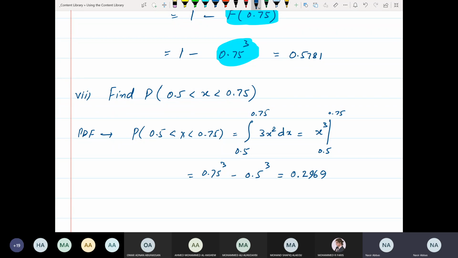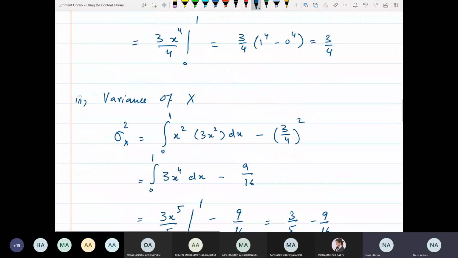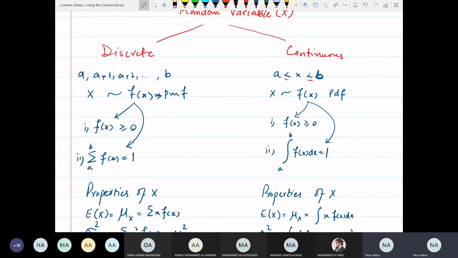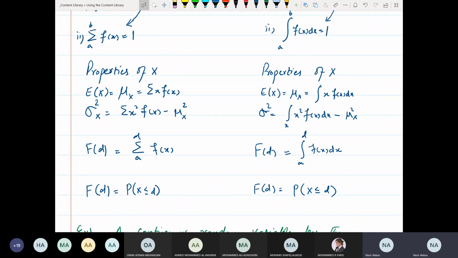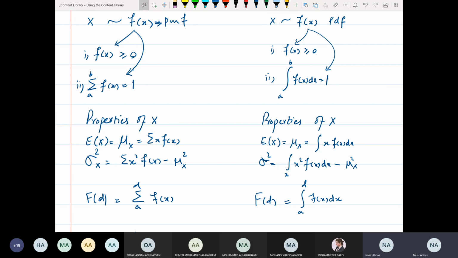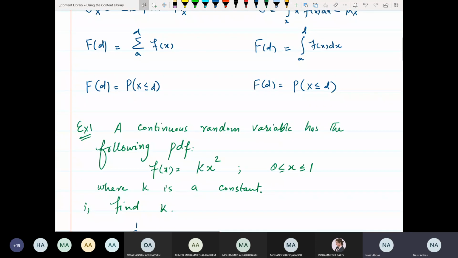This is the traditional way of finding an in-between probability using the probability density function. Let me write it in general here: if these two conditions are satisfied, then you can find the properties of x, and these properties include the probability also.